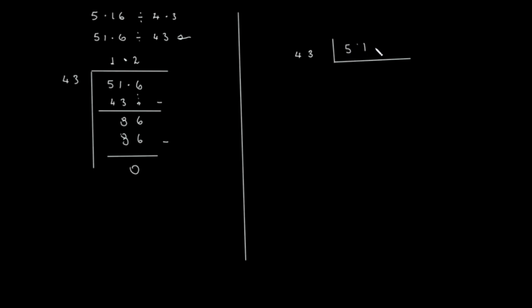Put the 1 there, 0.6. Again, 51, 43. We can only fit one of those in. So we have 51 remove 43, and that gives me a remainder of 8, which we now put with this one here. Bring the decimal point down.